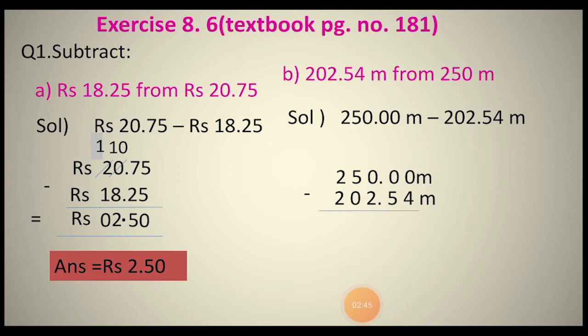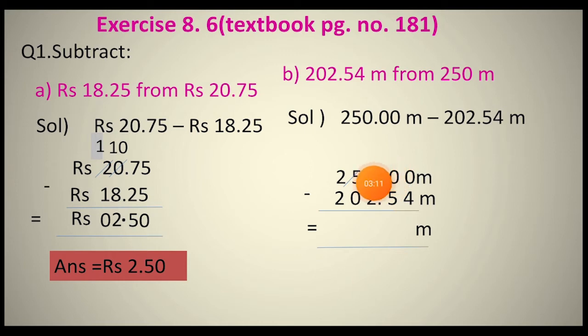Here you can see the digit present in the hundredth part is 0, and from 0 it is not possible to subtract 4. So we will take a borrow from the previous digit, but the previous digit is also 0, and before that, in the ones place, the digit is 0 too.